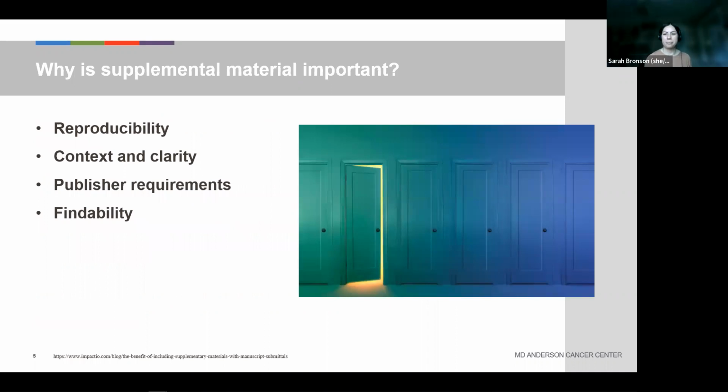Now, apart from the sheer necessity of having too much that you couldn't fit within the main materials limits, there are also a lot of benefits to taking advantage of the additional space that is afforded to you by supplemental materials.